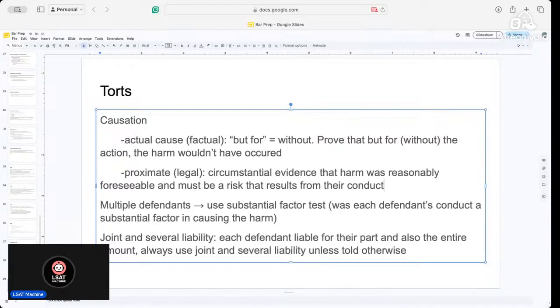The proximate cause, the second part of causation, is where you get to put a limit on it, where you ask what about the damage was foreseeable. So, for example, in the pileup, if you're in the middle, you might not be able to sue the person 50 cars behind you, because it's not necessarily foreseeable that them hitting the car in front of them would have led to a pileup.